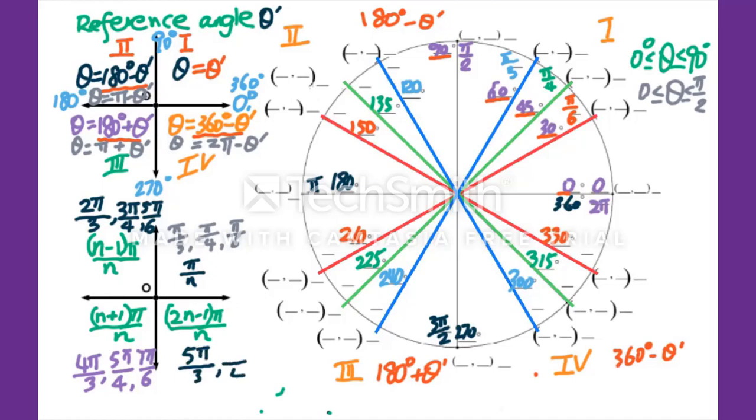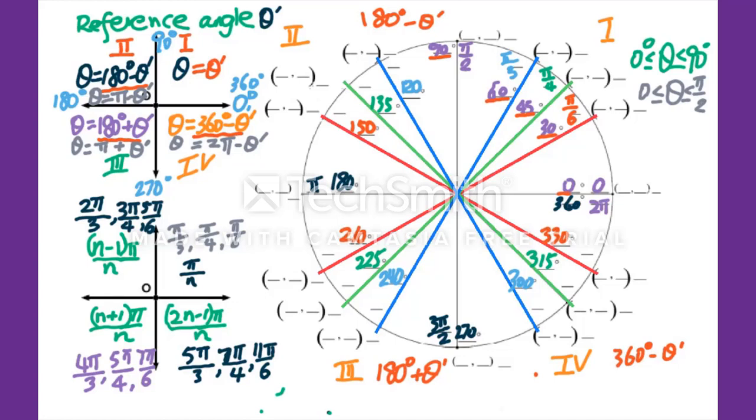If n equals 4, you do 2 times 4 minus 1, that will be 7 pi over 4. And if n equals 6, you will do 2 times 6 minus 1, that's 11 pi over 6.